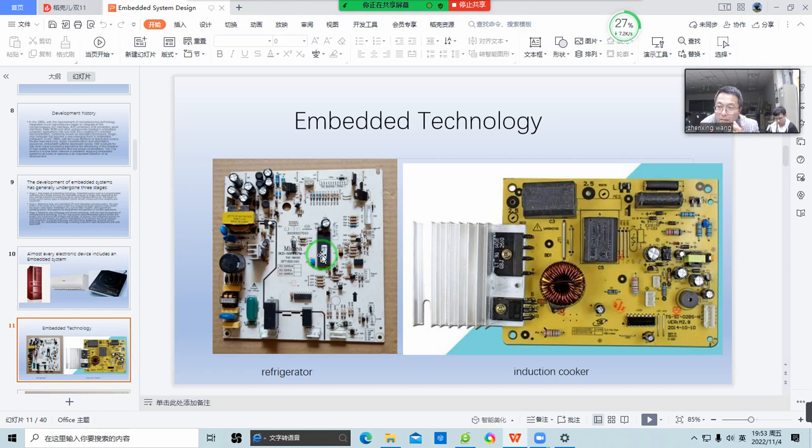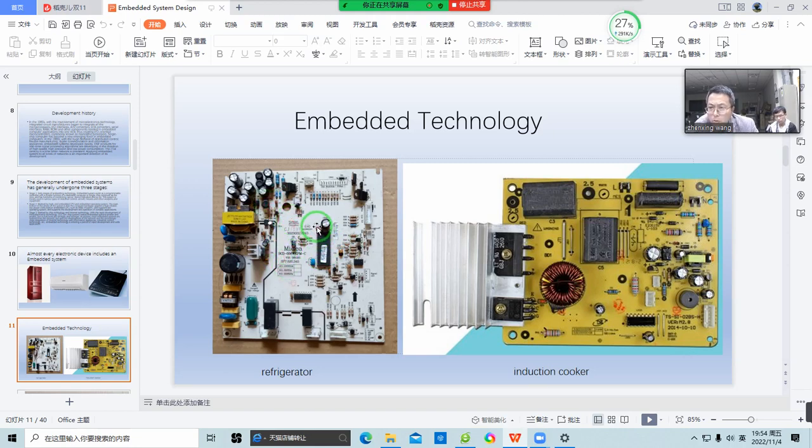But if you design some complex device, you can get about 20,000 RMB, about 3,000 US dollars. So it's very different.